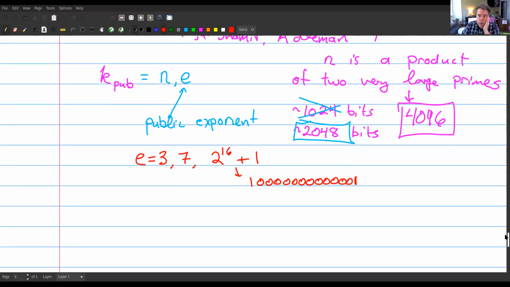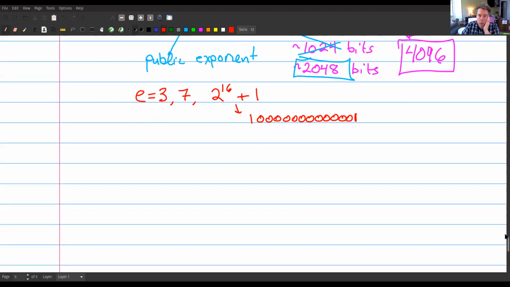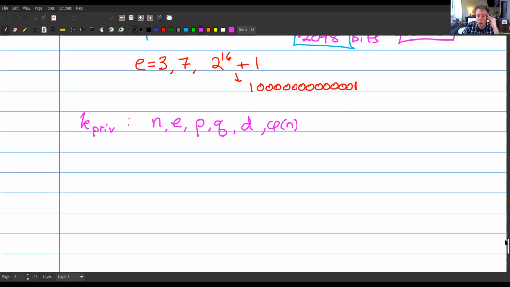Okay, so that is the public information, and now what is the private information? The private information includes some of the public information, so n and e, might as well throw those in. And it includes p and q, and this other number d, which we have not yet explained. And you could throw in phi of n. Phi of n is kind of equivalently secret to all of these things, and I'll say more about that in a second.